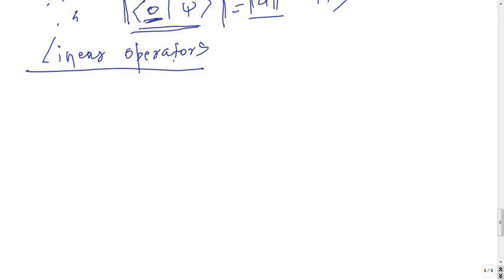When a linear map takes a vector from a vector space and gives an output vector which again lies in the same vector space, it is called an operator. Physicists call them linear operators and don't differentiate between linear operators and linear maps.